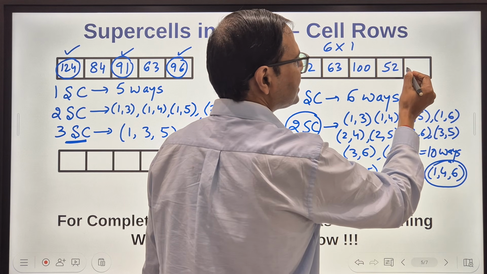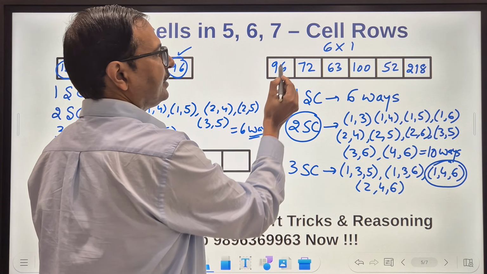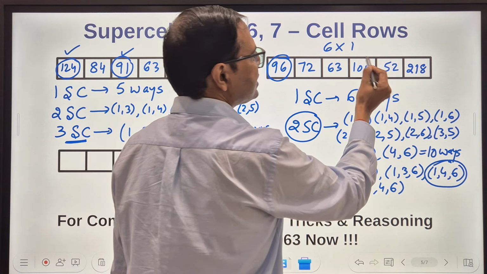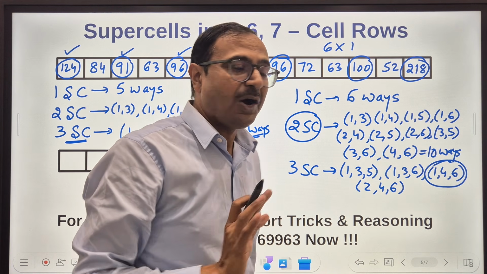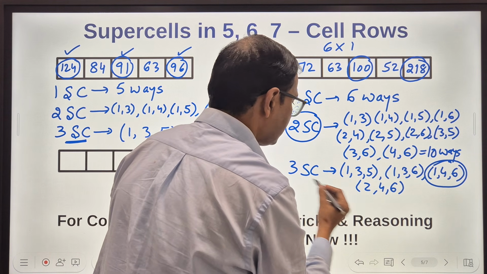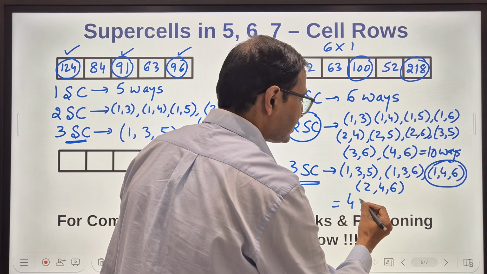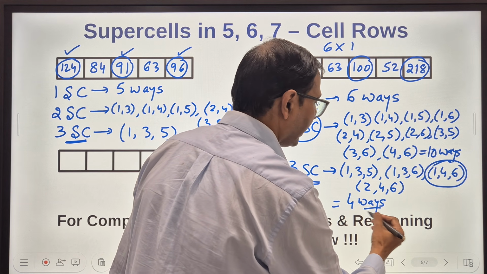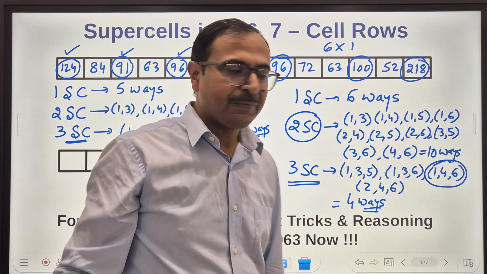And 6 is a supercell, say 218. Now you can check. This is a supercell, this is a supercell, and this is a supercell. See how many different combinations work. So for 3 supercells like this, you can have 4 different combinations, or 4 ways of obtaining 3 supercells in a 6 by 1 grid.